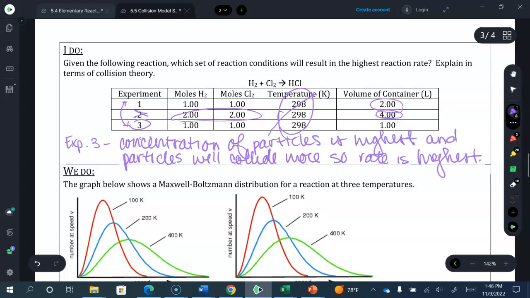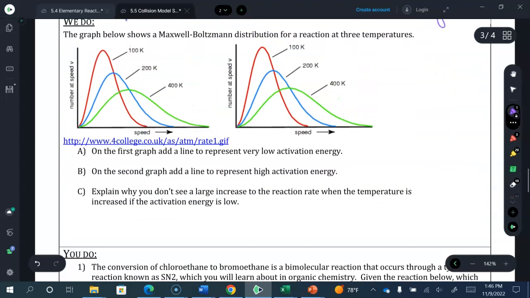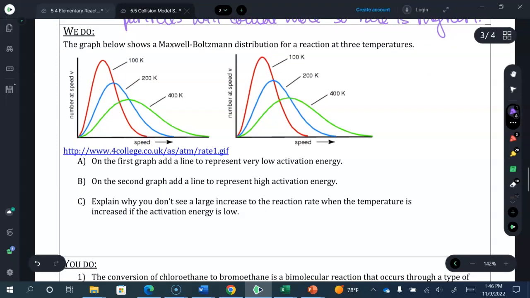Okay. So looking at the graph below, it shows a Maxwell-Boltzmann distribution for the reaction at 3 different temperatures. On the first graph, add a line to represent a very low activation energy, right? And remember, speed is like kinetic energy.